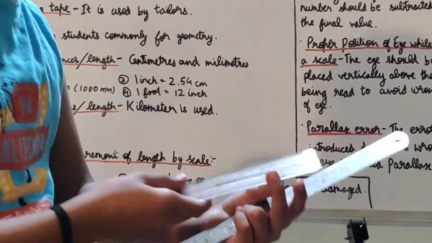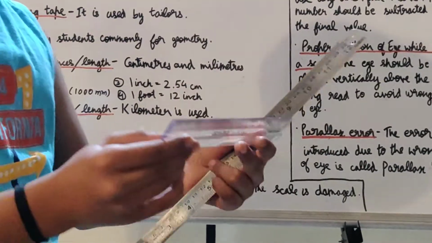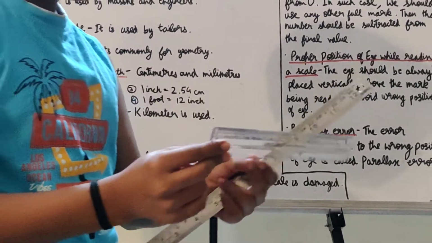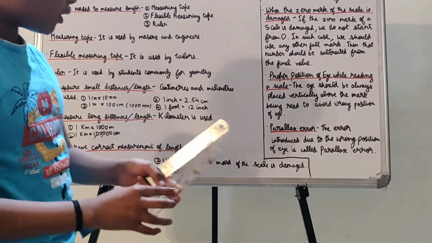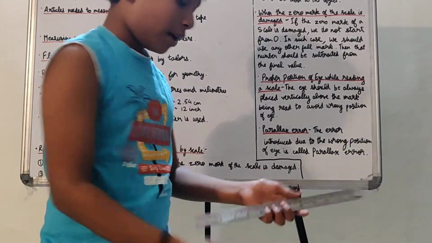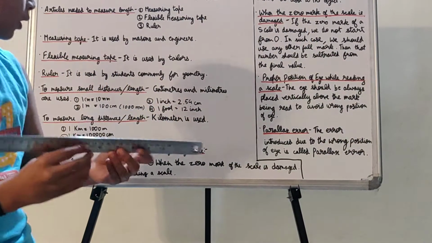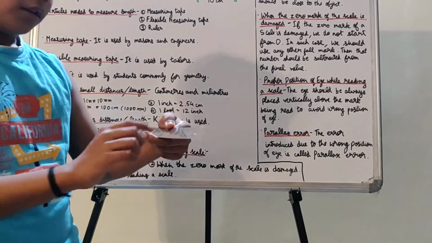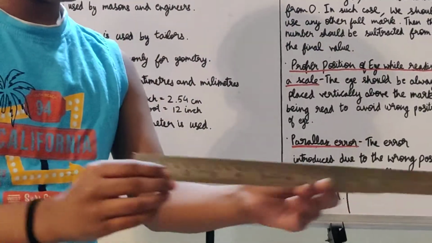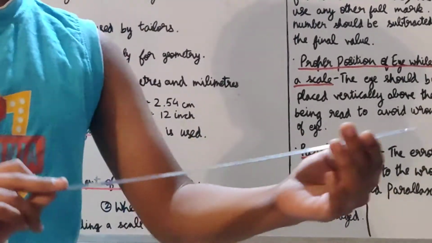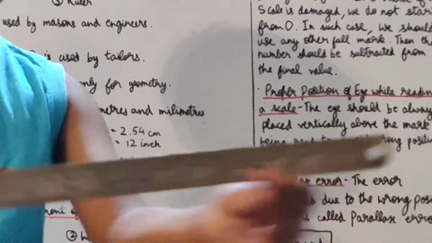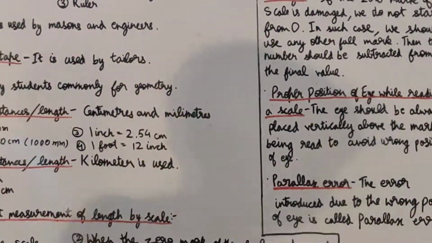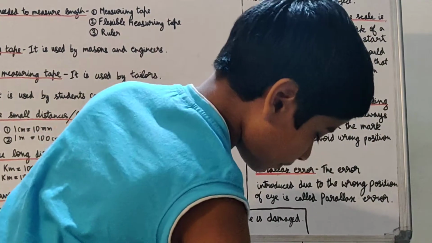In the small scale of 15 centimeters there is half a foot because there are 6 inches. So half a foot is equal to 6 inches and 1 full foot is equal to 12 inches. In a big scale of 30 centimeters, there are 12 inches. 1 foot is equal to 12 inches.